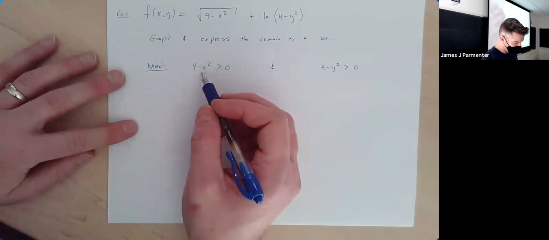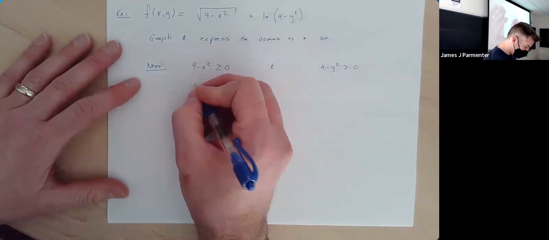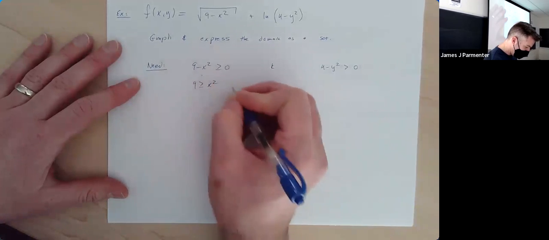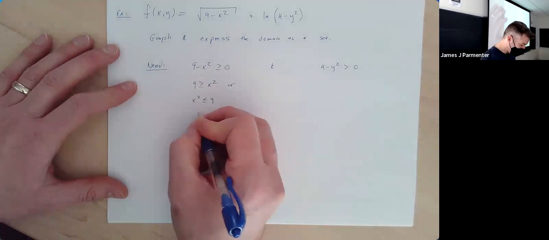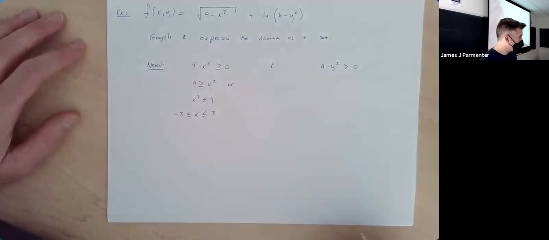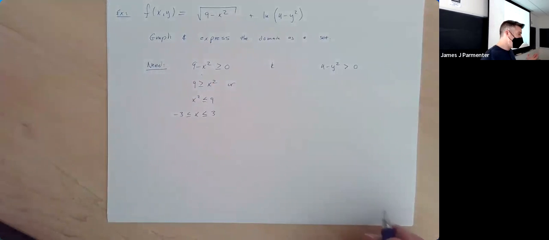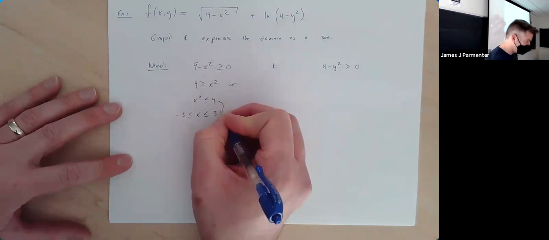I think we've probably got enough experience now to know that if we write this as 9 bigger than or equal to x squared, or if you prefer x squared less than or equal to 9, you're going to get x being between positive 3 and negative 3. If x is too negative, x squared will be too big. And if x is too positive, x squared will be too big. Or you could do the more work where you do the factoring and stuff. But I feel like we can go from here to here without too much trouble.